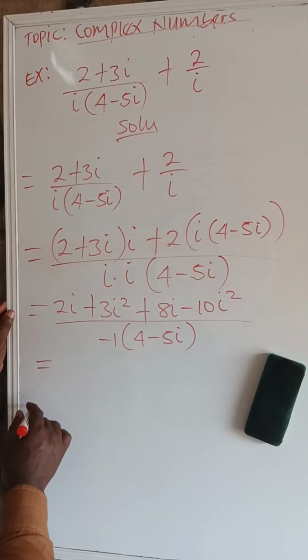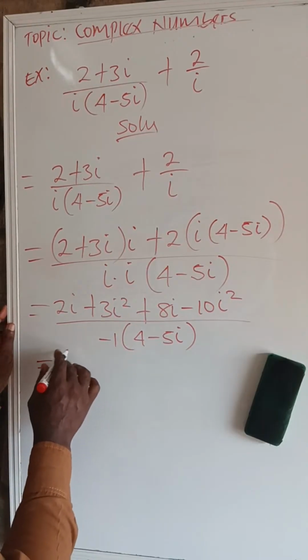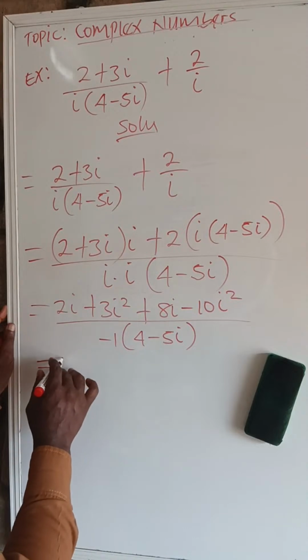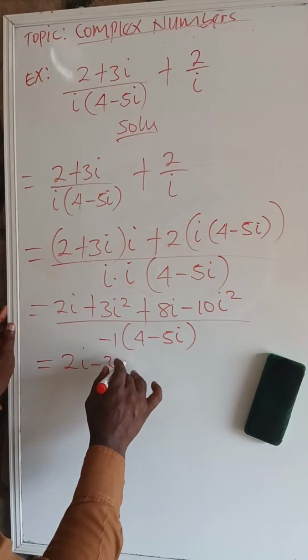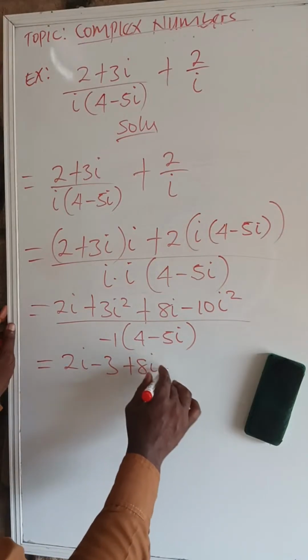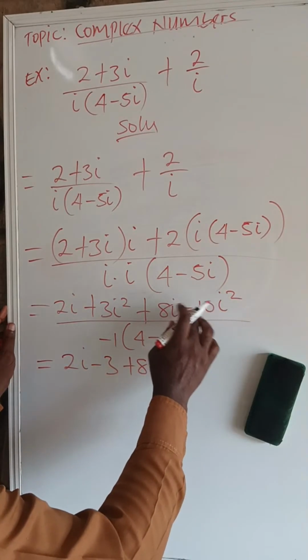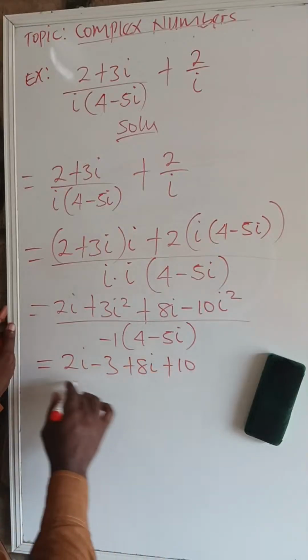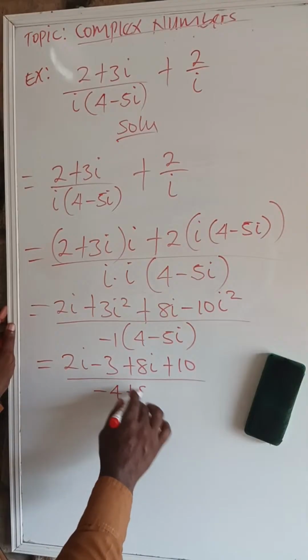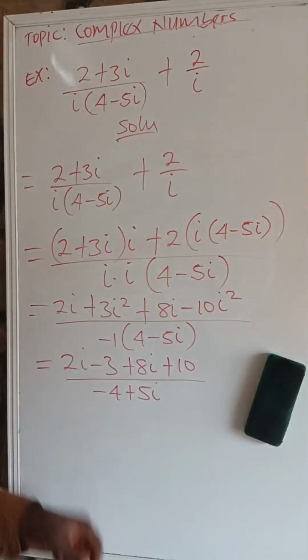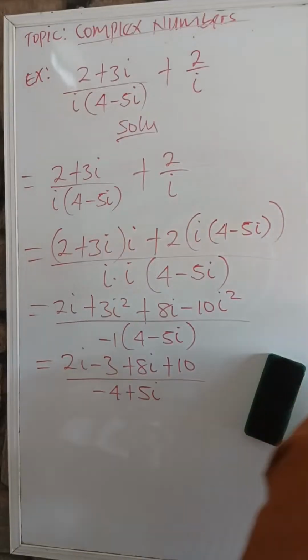This is equals to, i square is minus 1. So 2i minus 3 plus 8i minus 1 times minus 10 plus 10 all over minus 1 times 4 minus 4 plus 5i. Do you understand up to this extent?